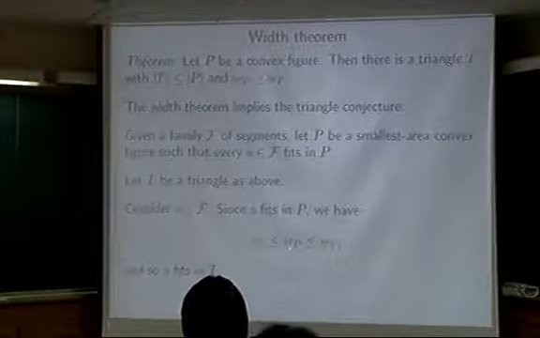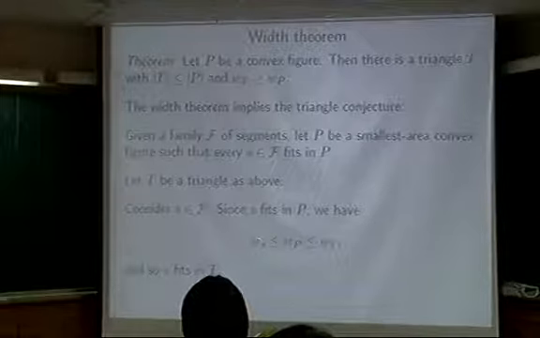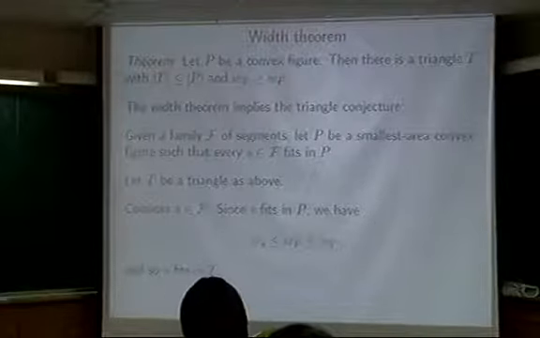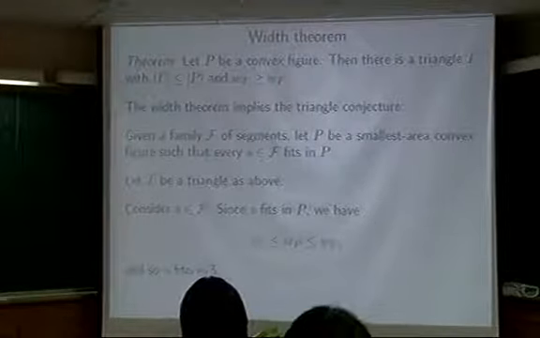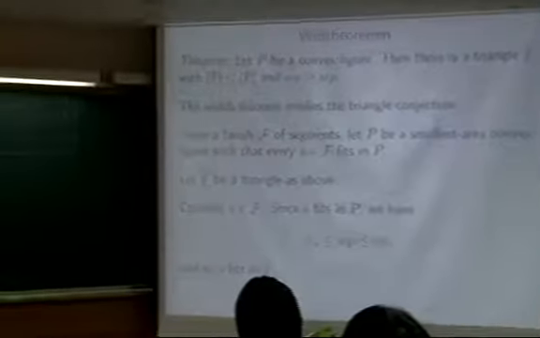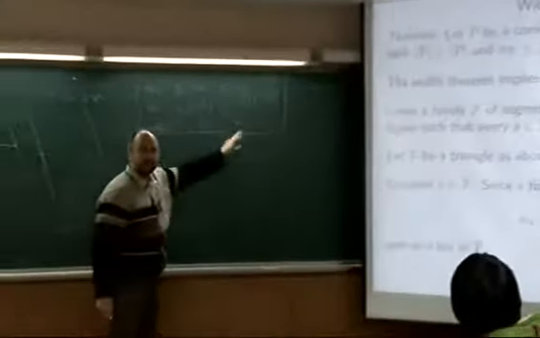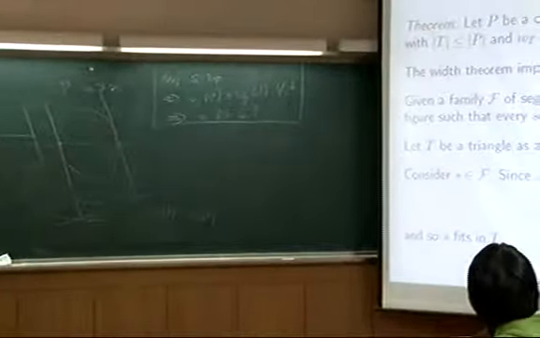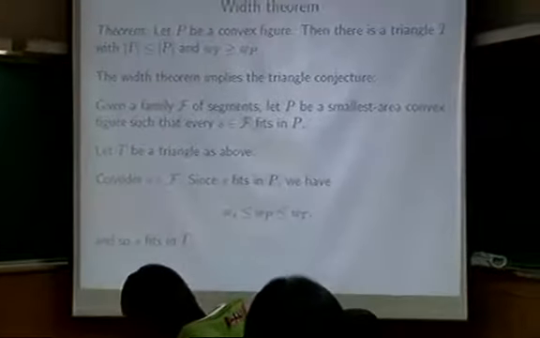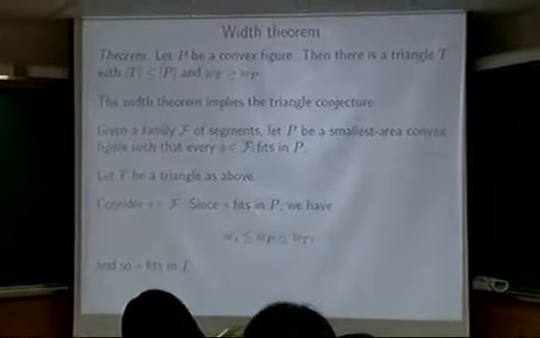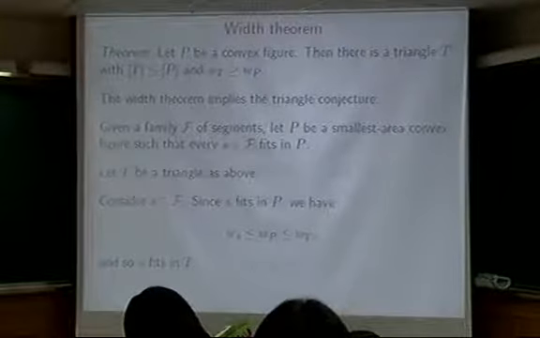But now we know that the width of P is dominated by the width of T. So we have that the width of S is bounded by the width of T. And now I use this theorem here, which tells me that S fits in the triangle. So this proves the triangle conjecture. For any family of line segments, you can always choose the smallest area convex figure to be triangular.